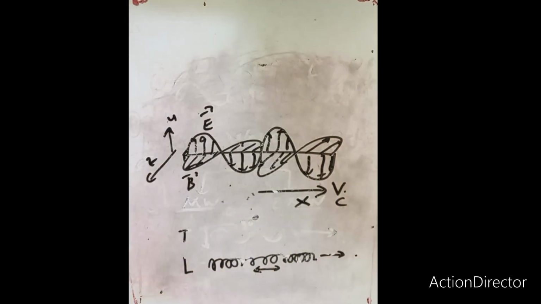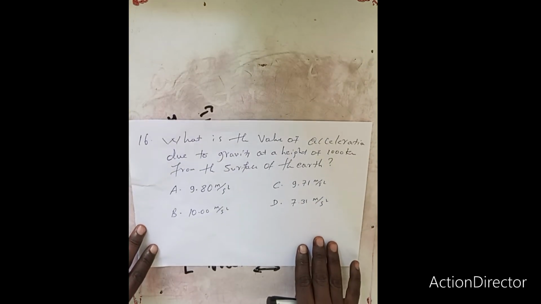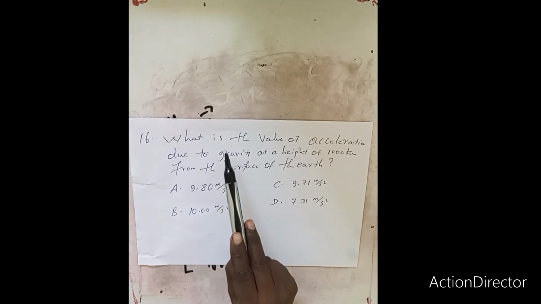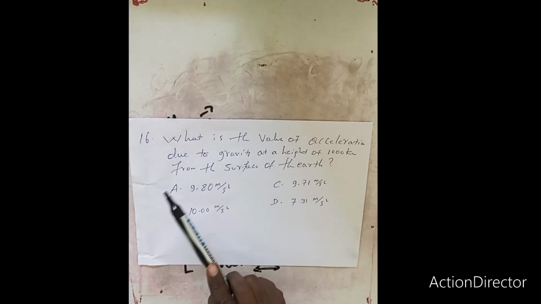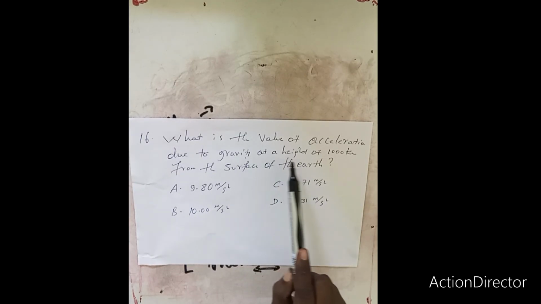Question number 16. What is the value of acceleration due to gravity at a height of 1,000 kilometers from the surface of Earth?